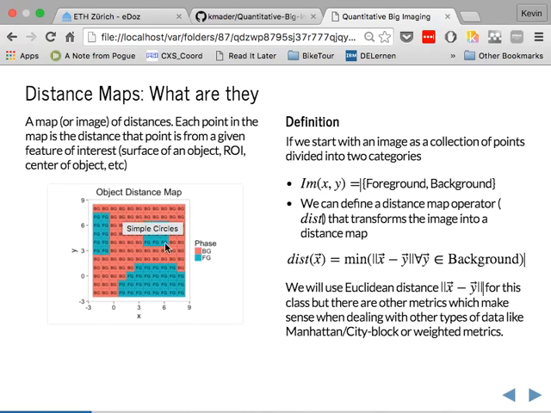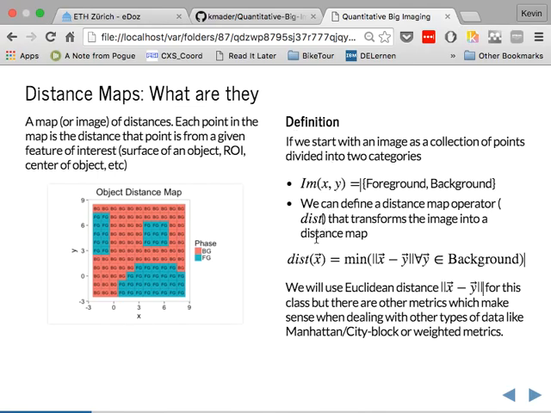So we need to decide what's background and what's foreground. This has quite an important implication because it will give us different information when we run the analysis.